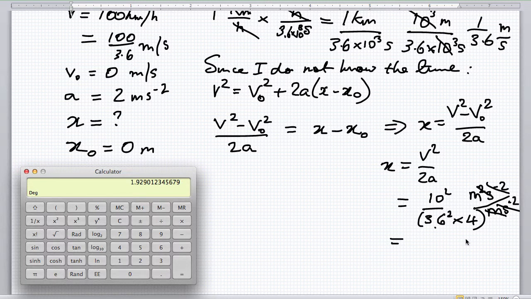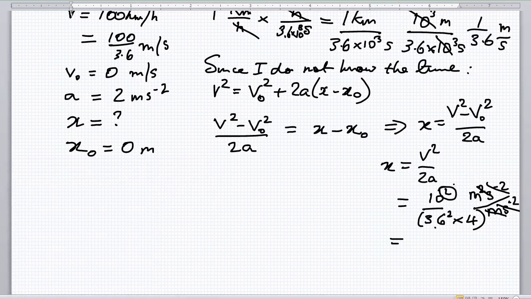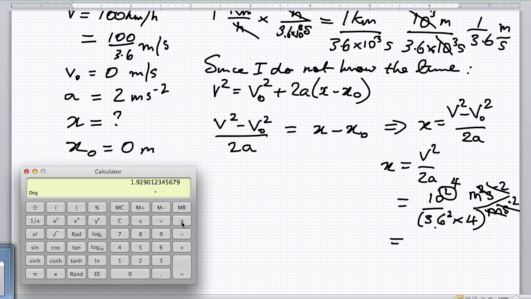Not 10 squared, because that's what it already is. So I made an error here. Right, that should be 10 to the 4th. So multiply that by 100 again, because I already multiplied it by 100. I saw it was 1.92 meters, and there's no way a plane can take off from 0 going to 100 kilometers an hour in just under 2 meters, right?